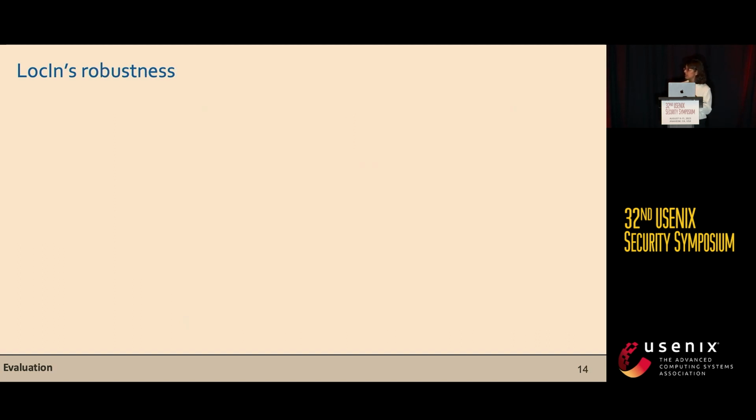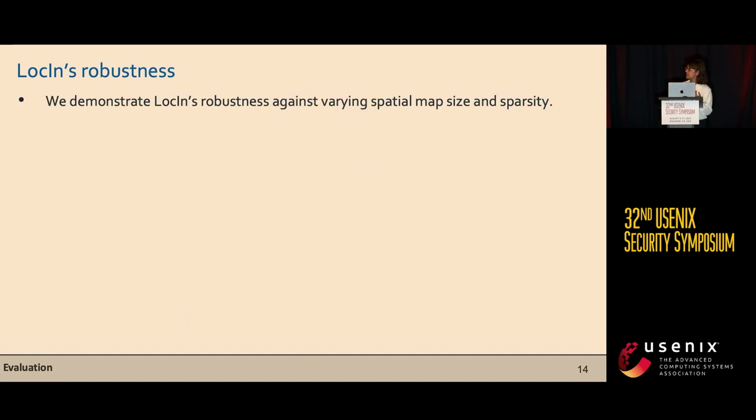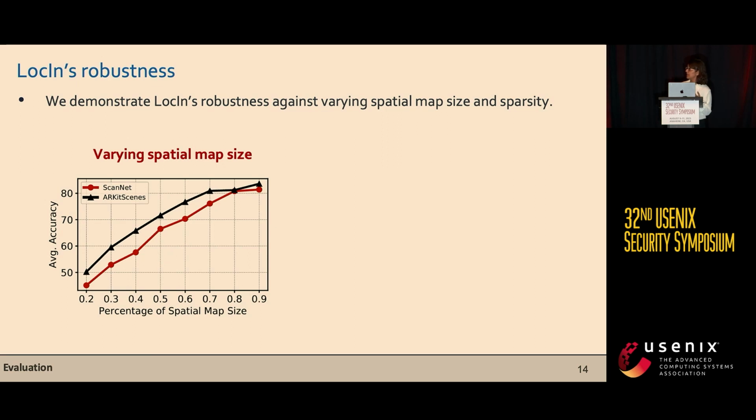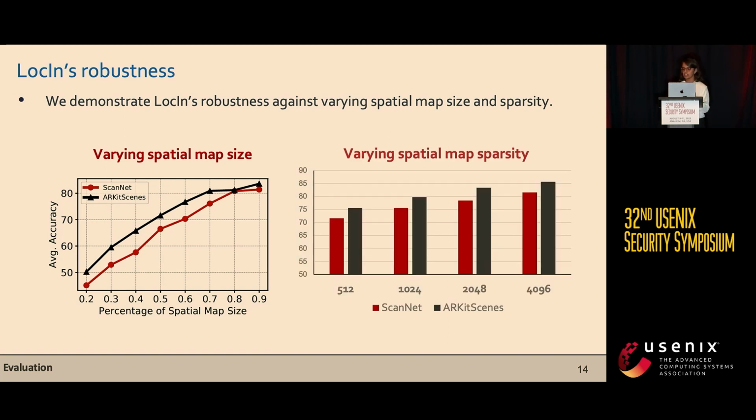We also test LocIn's robustness against spatial maps with varying map size and find that even with the spatial map covering just less than half of a user's environment, LocIn can still infer the location with more than 70% accuracy. We also test the relationship between the number of points in the spatial map and the attack accuracy and find that the accuracy improves as the number of points in the spatial map increases.